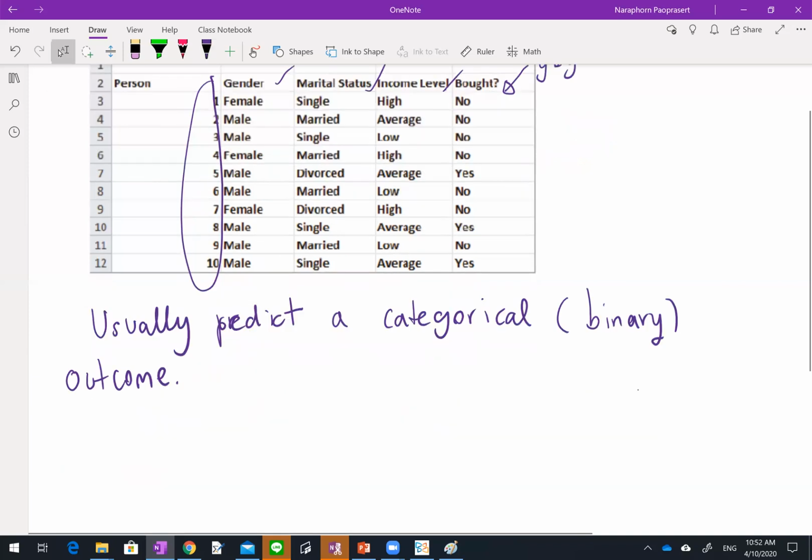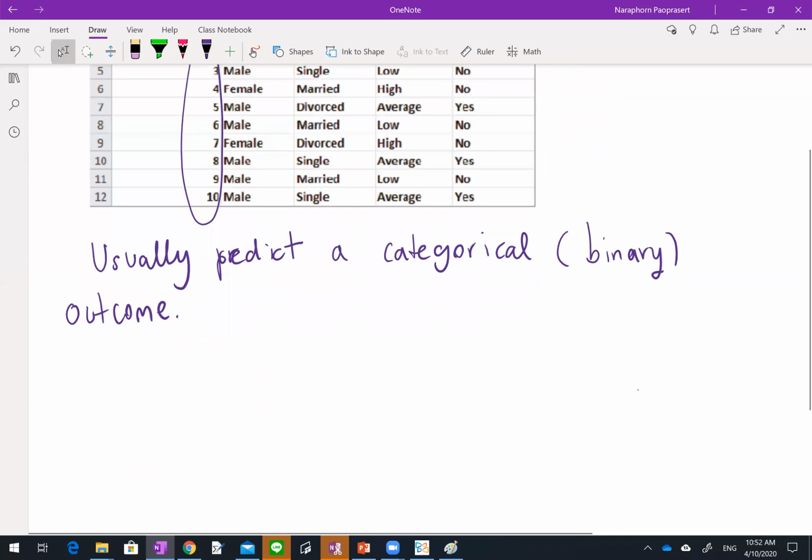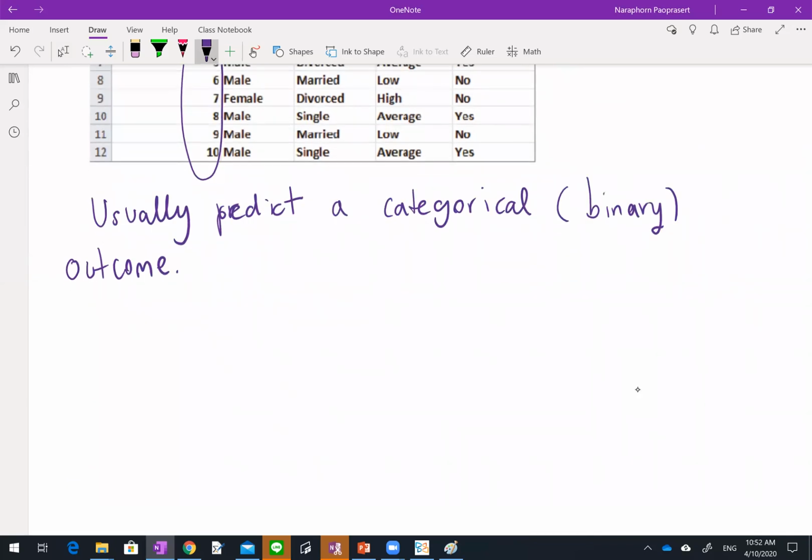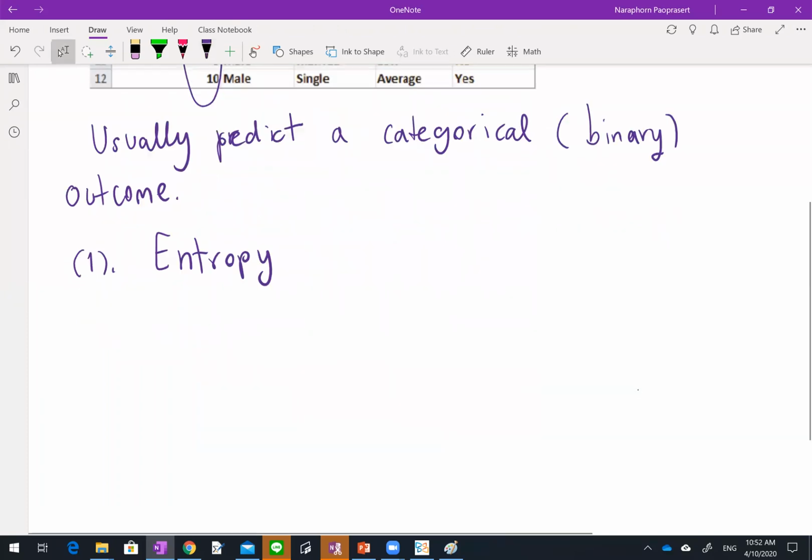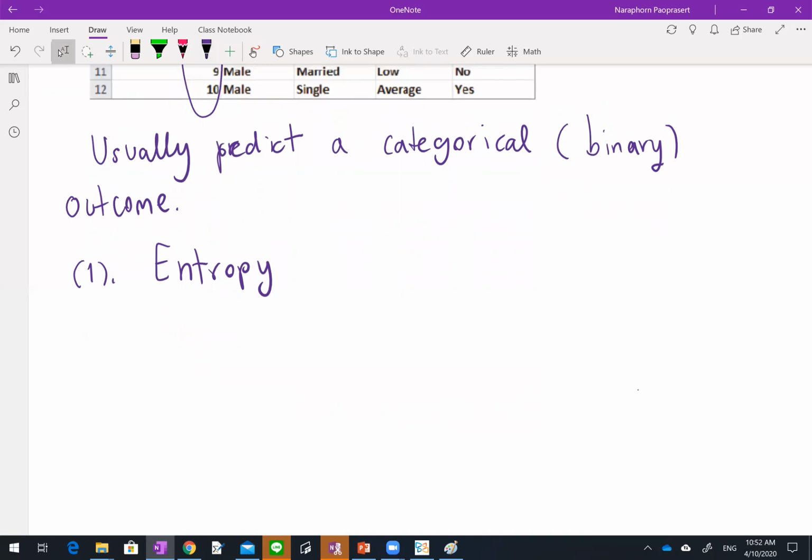The first thing that I want to do is one formula. This first one is called entropy. The formula looks complicated, but the calculation is not, so I'm just going to show you the calculation.